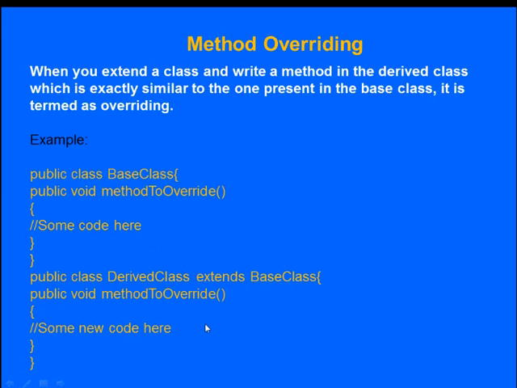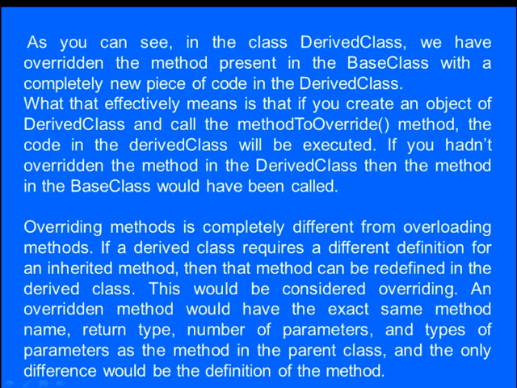When we extend a base class through the derived class, and we have a method in the derived class which is exactly the same as the base class method, we say this concept is known as method overriding.